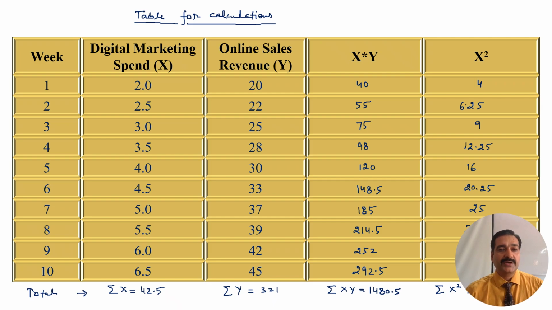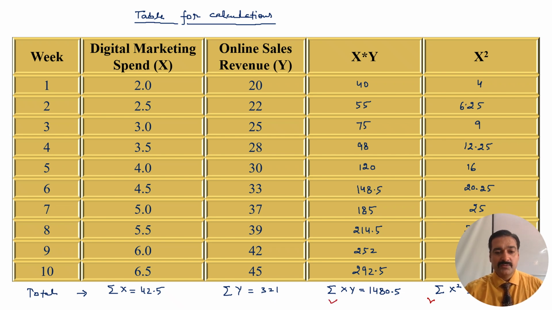I have denoted digital marketing spends by X and online sales by Y. We will find the summation of X and the summation of Y. Then after multiplying the values of X and Y, we can find the value of summation X into Y. And by squaring the X values, we can easily find the value of summation X square. All the values have been calculated.